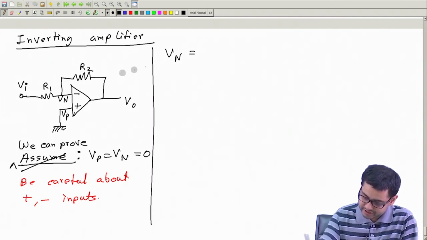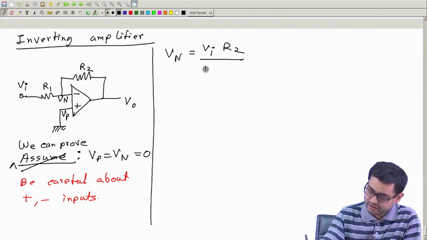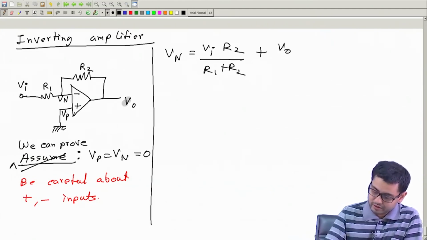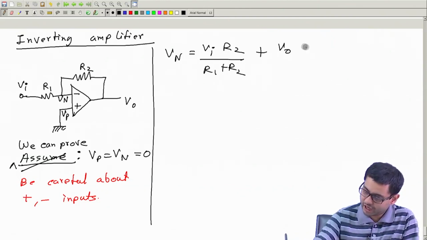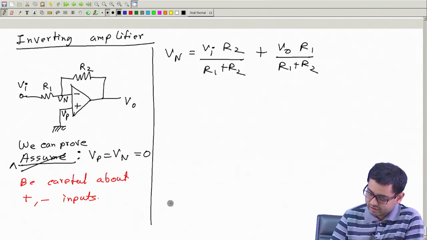Okay. So we can write this is equal to Vi multiplied by this resistance, the resistance which is farther from Vi, divided by R1 plus R2, plus Vo multiplied by this resistance R1 divided by R1 plus R2. Now we know from here that this is equal to 0.